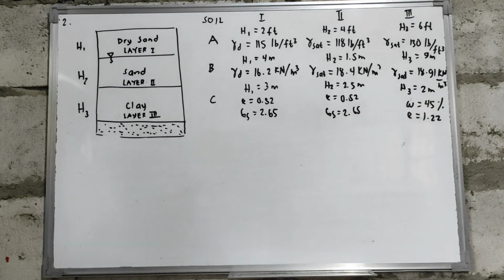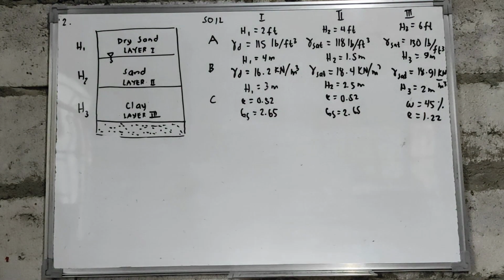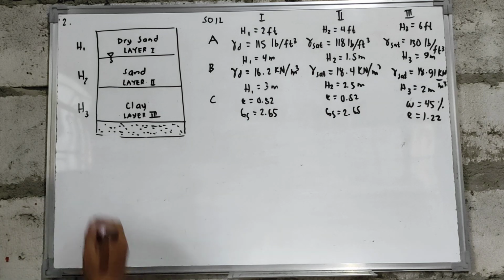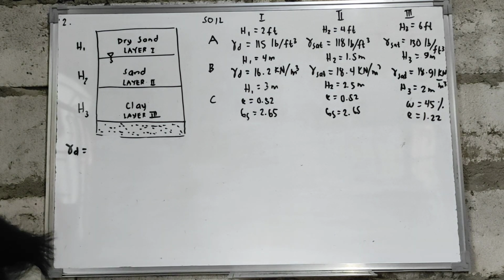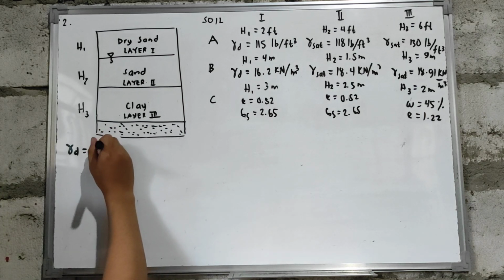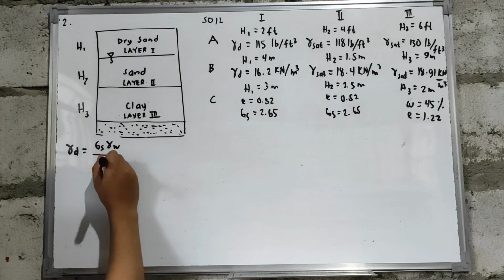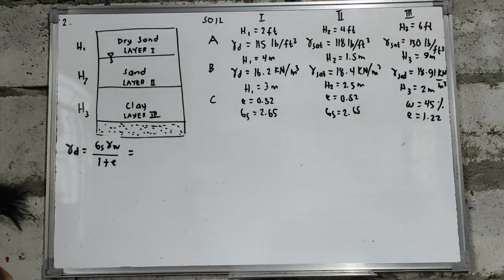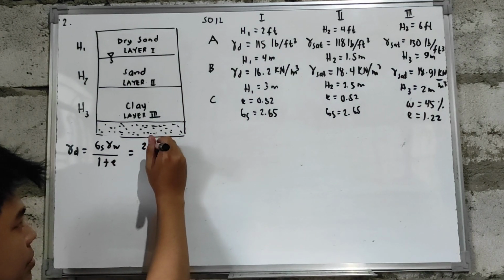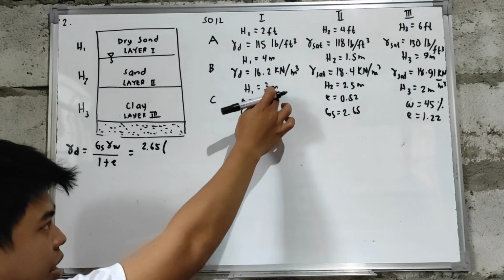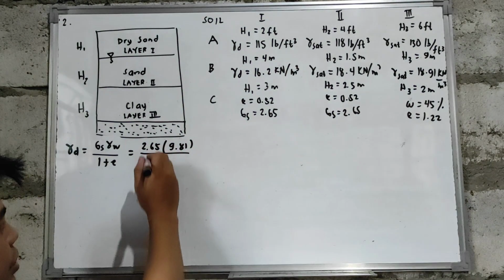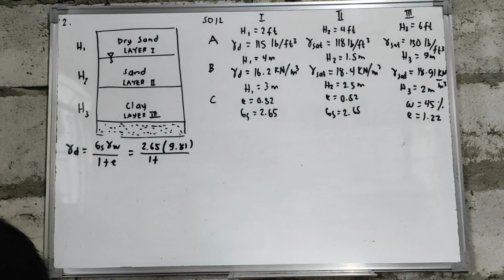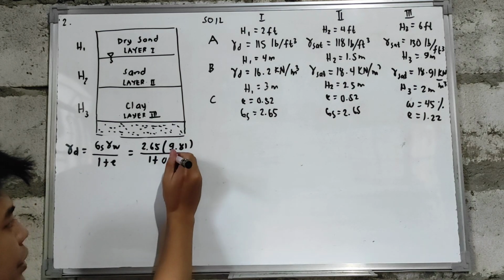So, let's solve for dry unit weight. So, for the dry unit weight, for first layer, since dry yan, gagamitin nating formula is the GS times unit weight of water, over 1 plus E. So, we have a value of specific gravity na 2.65 multiplied by, since nakameter tayo dito, gagamitin natin is 9.81 kilonewton per cubic meter over 1 plus yung E natin, which is equal to 0.52.